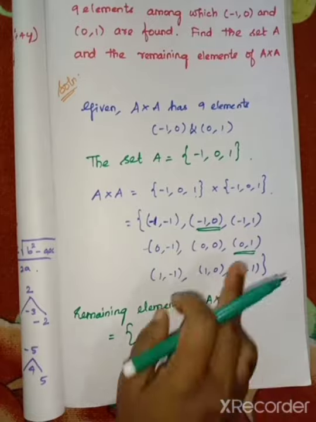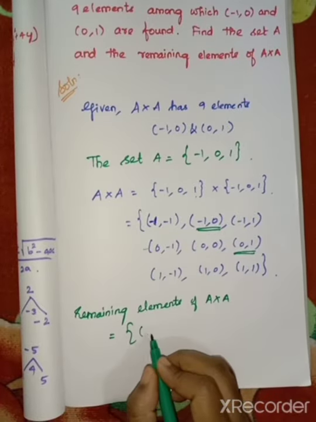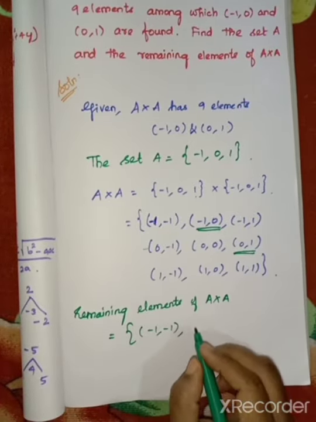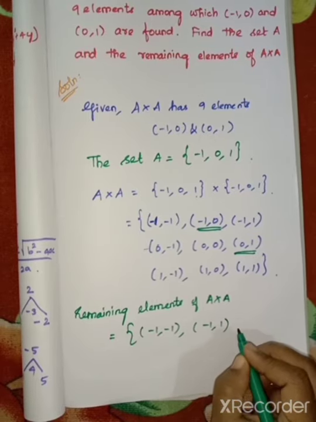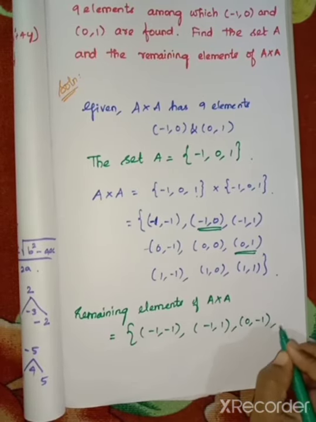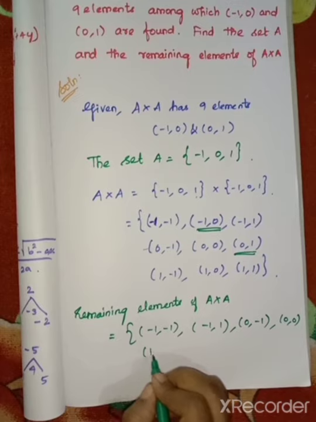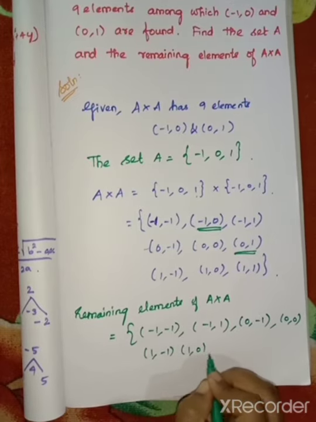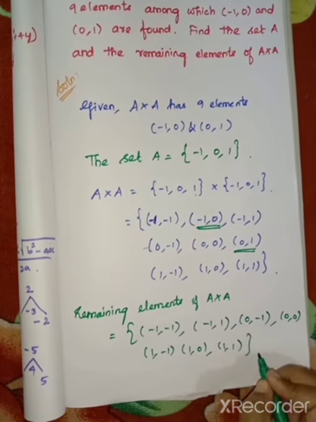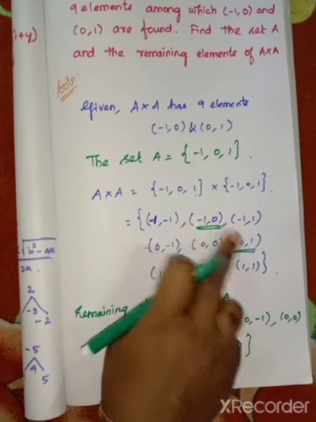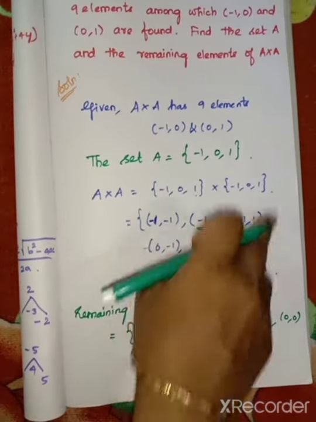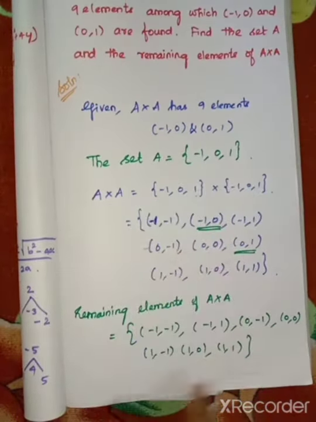So we have to write the rest: minus 1, minus 1, minus 1, 1, 0, 1, 0, 0, 1, minus 1, 1, 0, 1, 1, and the set bracket is closed, because these two ordered pairs are already given. So we remove them and write the remaining elements.